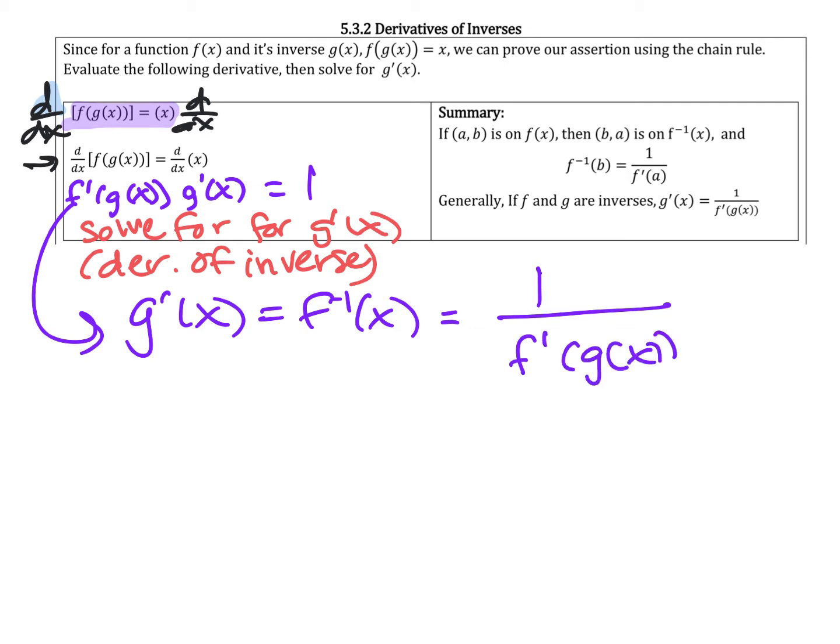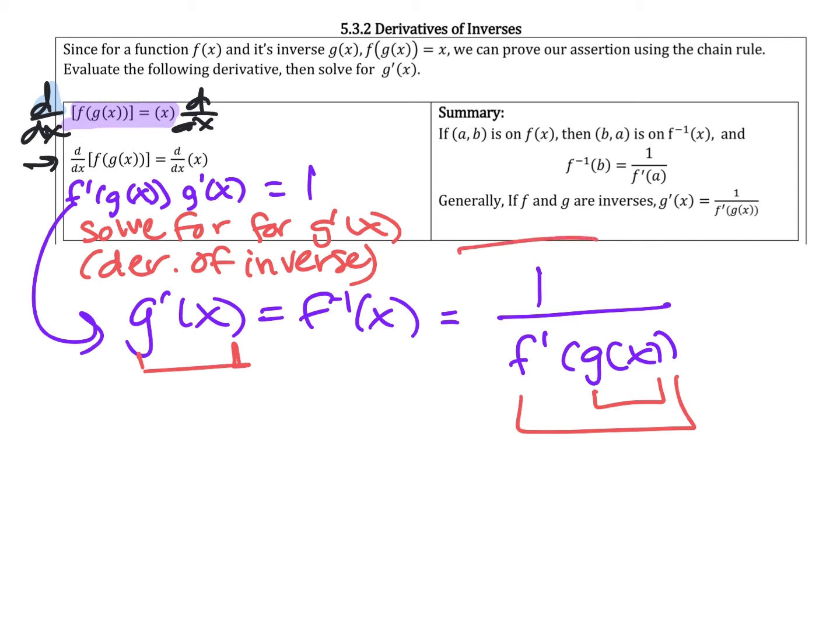So we now have a relationship for finding the derivative of the inverse without necessarily needing to know the exact function. If we know a particular value and we know what the original function is so we can find its derivative, we can relate these two things together.